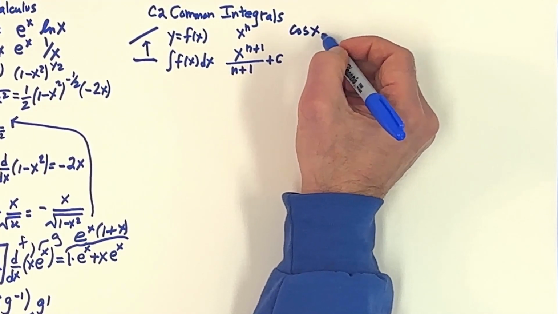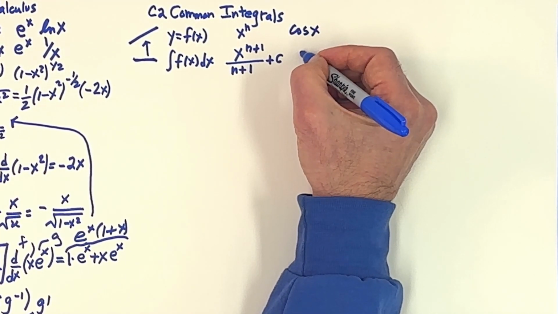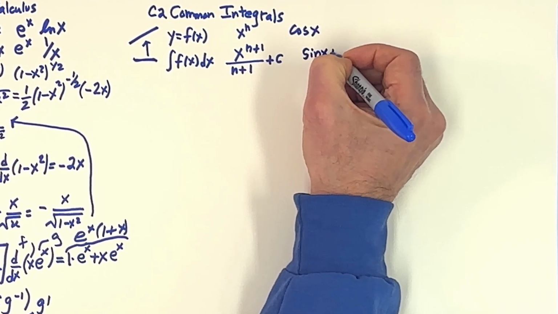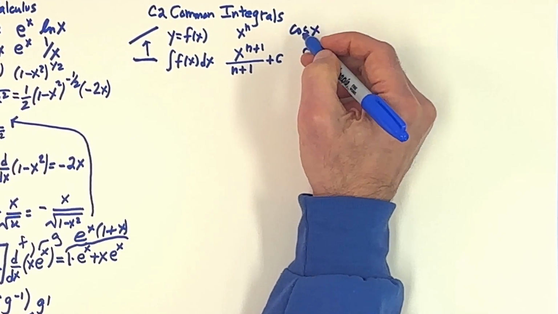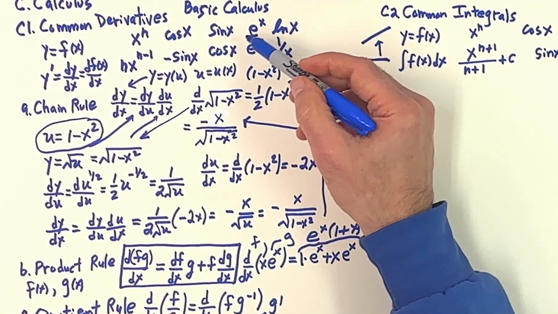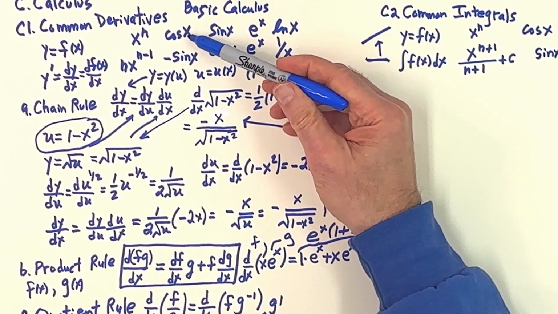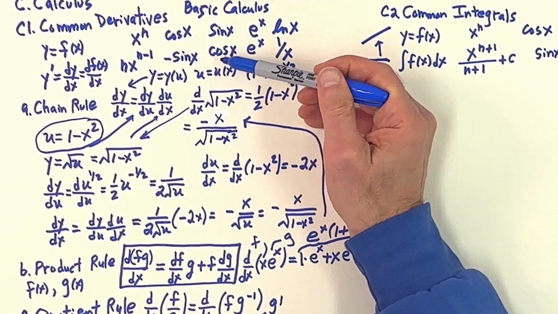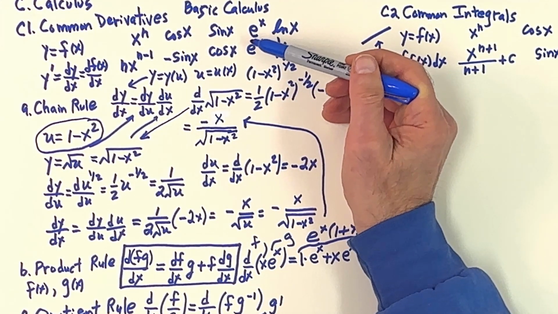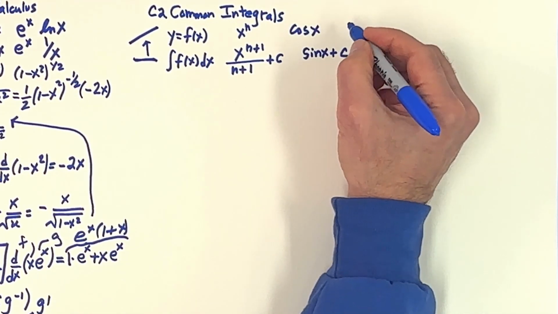So if you have the cosine of x, then the integral is the sine of x. We're just doing the antiderivative, compared to what we did earlier. In our earlier class, we had the derivatives, but if we start with these and go backwards, we're doing the antiderivatives. And that's where we're making a list here.